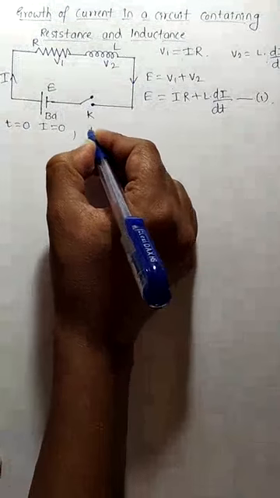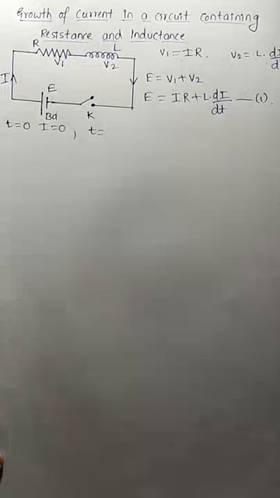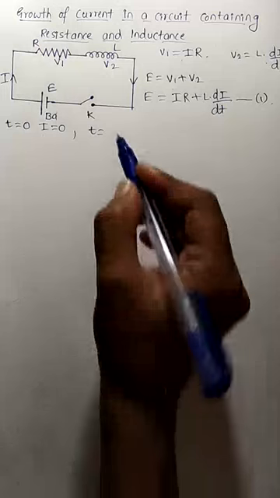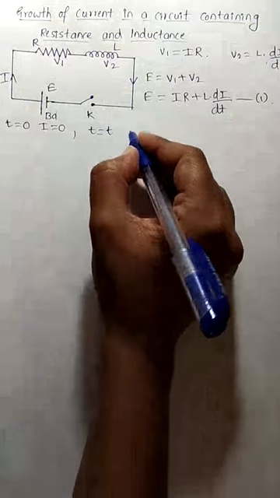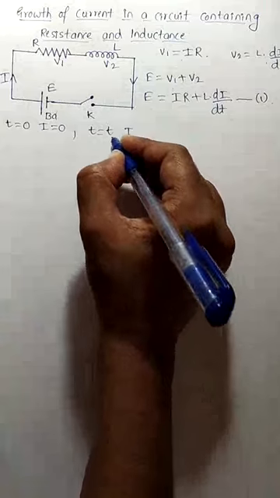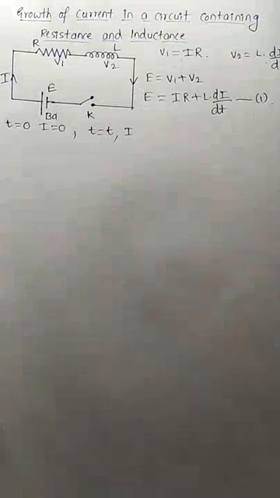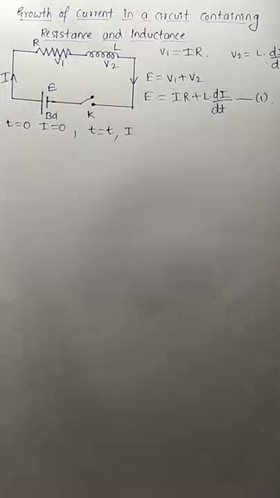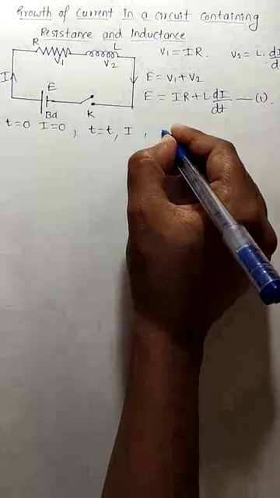But after that, the current will not suddenly increase to the maximum value. It will be gradually increasing in the circuit. At time t seconds, the current in the circuit is I, we will take. Then after a certain time it reaches the maximum value, and that maximum current we will take as I naught, isn't it?